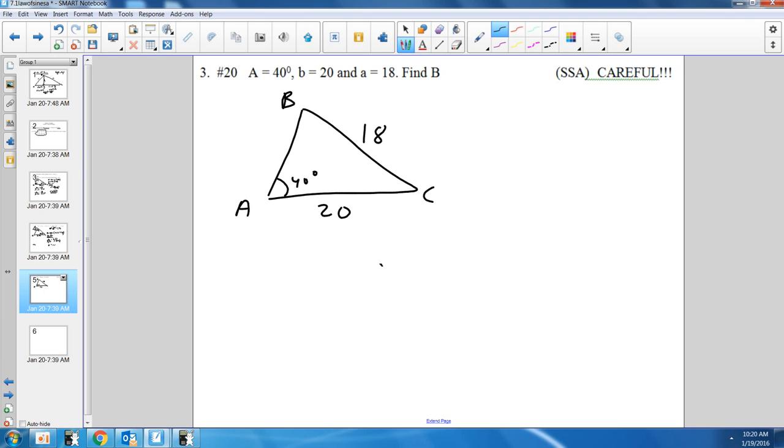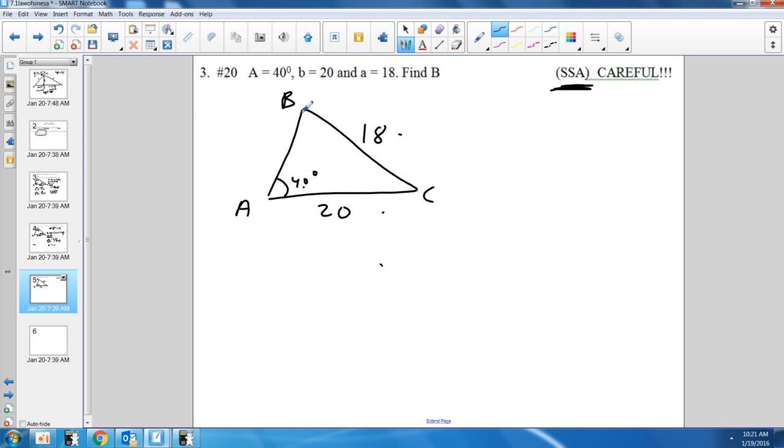What can happen here is, well, we'll see what happens in the math, but when you see that you have a side and an angle in that order, you have to be careful. There's kind of a warning that goes out.